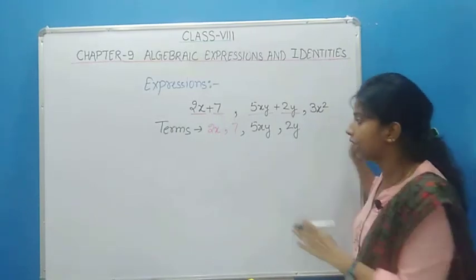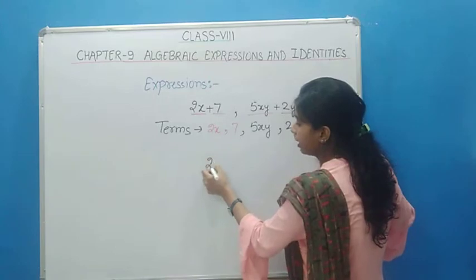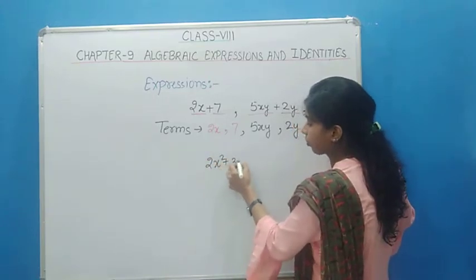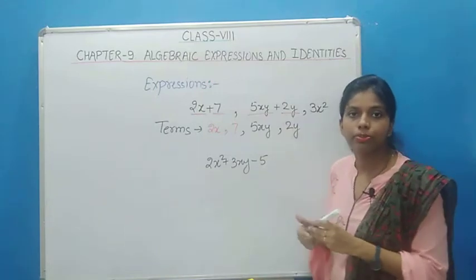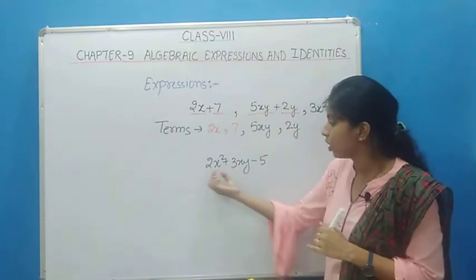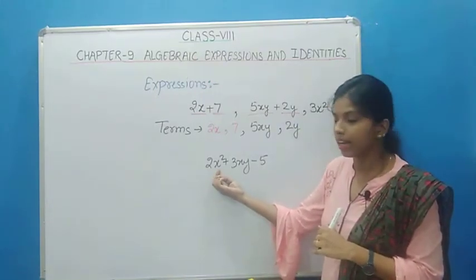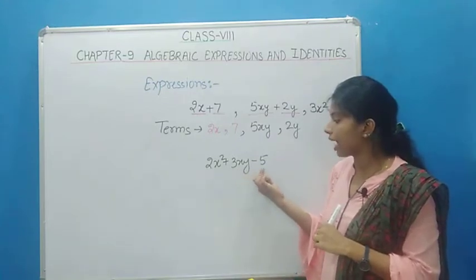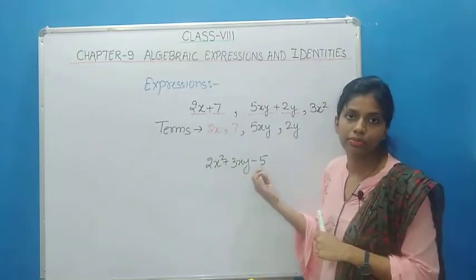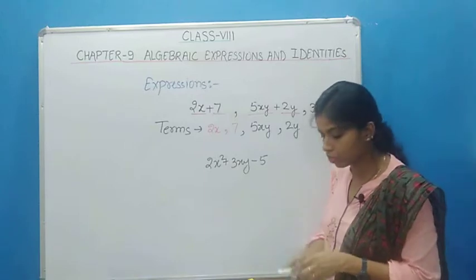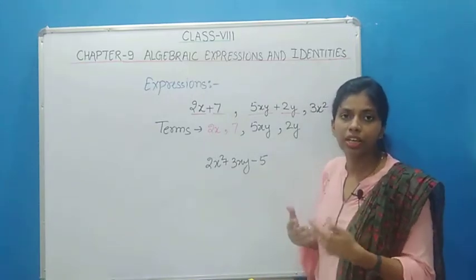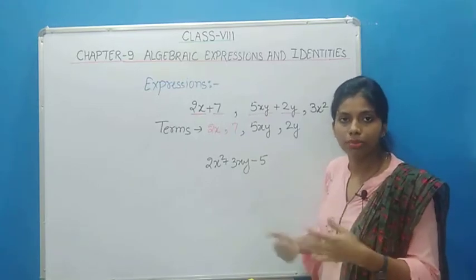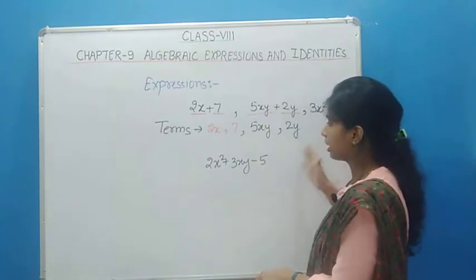Similarly, in another example we have three terms: 2x square, 3xy, and the last term is minus 5. So there may be any number of terms, 3, more than 3, 4, 5, whatever it is. Now this is terms.